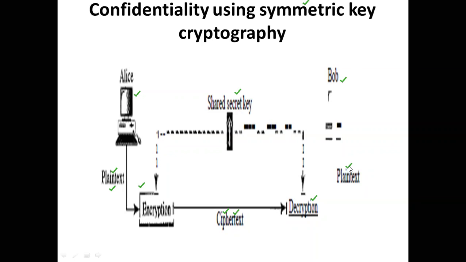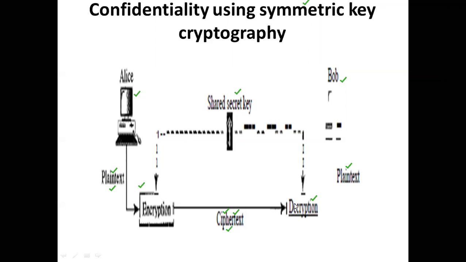So have a look at this whole diagram once again and try to understand it. Instead of sending the message as it is, we want to maintain confidentiality, so we try to encrypt the data. Alice applies the encryption algorithm to her plain text, the original text, along with the symmetric key, a unique key shared by both sender and receiver. Once that is applied, the encryption process becomes complete. Then what is generated is ciphertext.